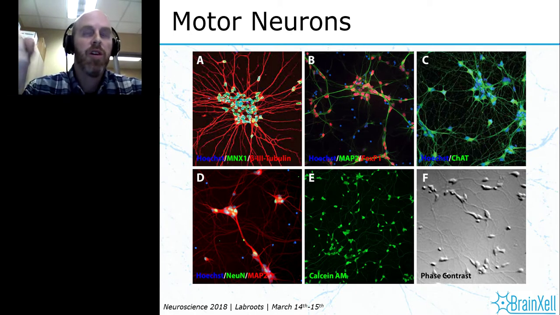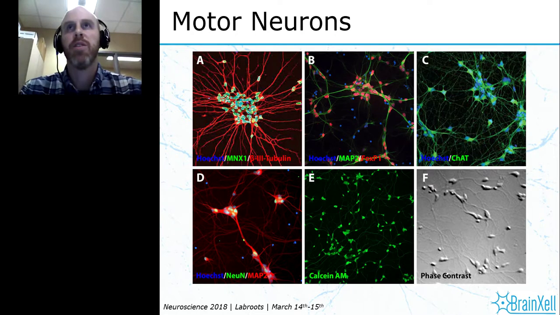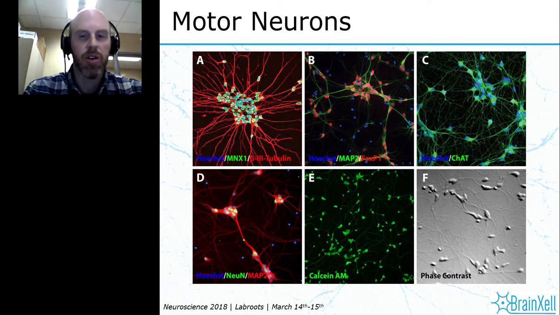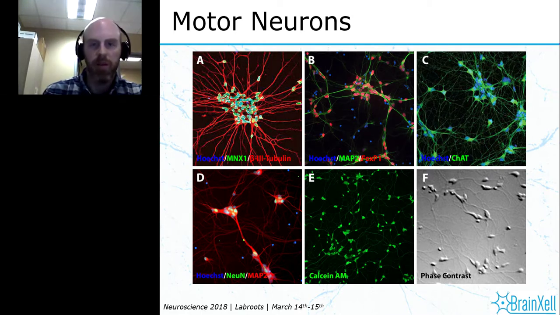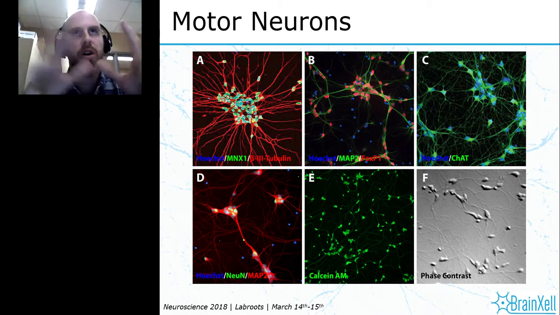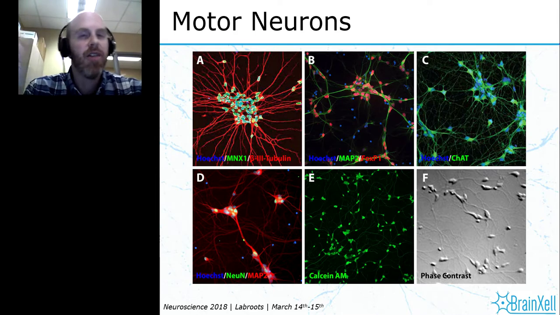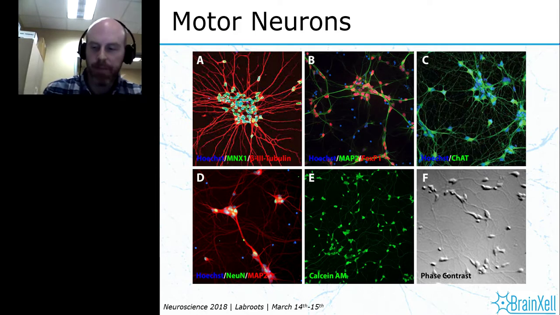So these cells will have the classic neuronal morphology, and they will express the neural proteins of interest, which are detailed right below the figures there. And then really this is, again, to provide you an example of the morphology and the phenotype of these neurons at the end of the process, right?